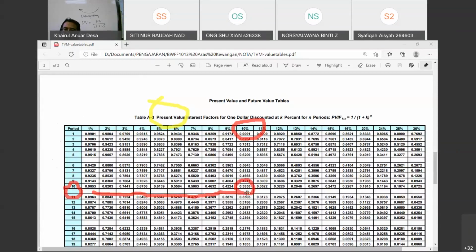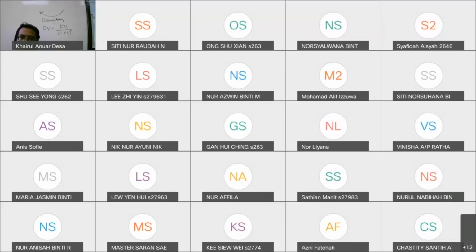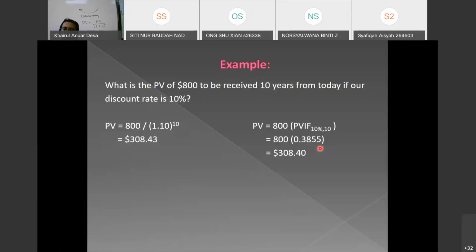Okay, 0.3855. Nampak kan sini kan? 0.3855. So 800 kita akan dapat same answer with the formula, 308.43.